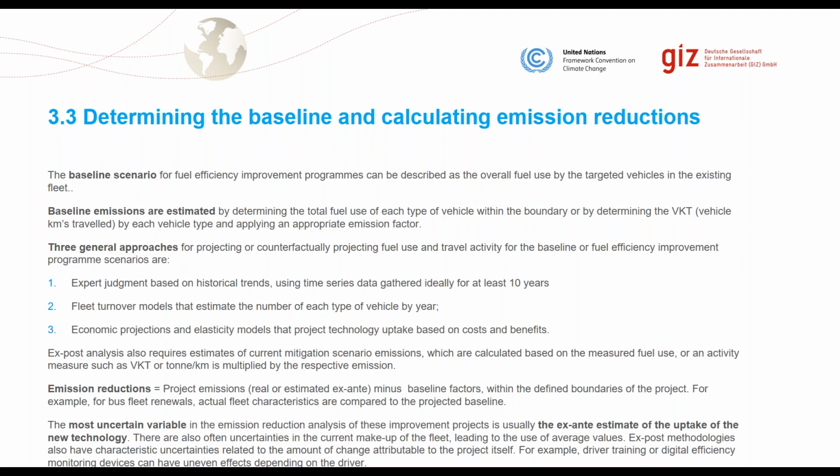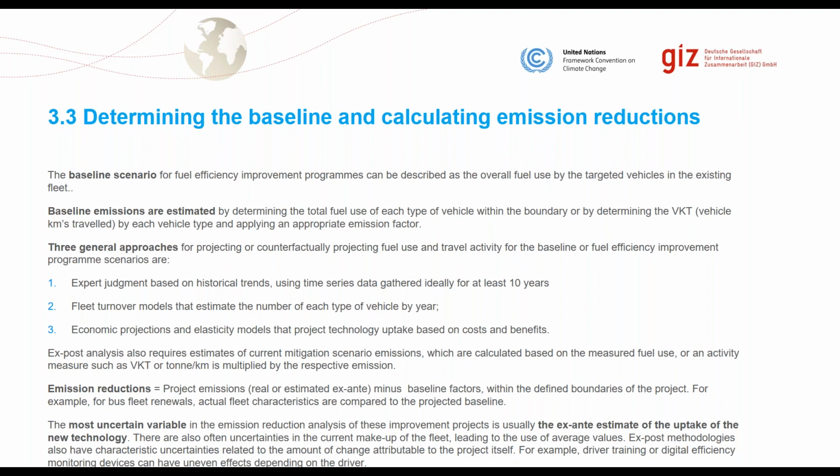So moving on to how we determine the baseline and calculate the emission reductions that accrue because of the program, it's always important to set this baseline scenario for the fuel efficiency improvement programs at the start of the program, so at least you are able to clearly estimate how much emission reduction has happened because of the intervention.